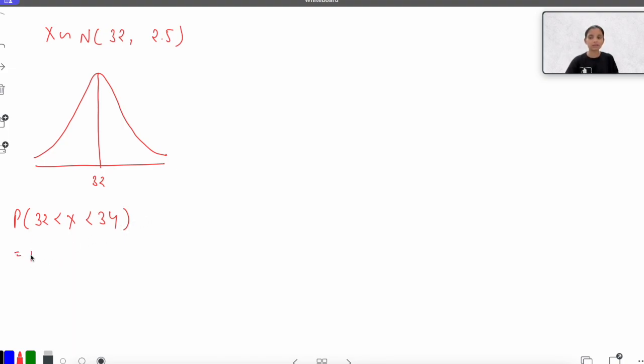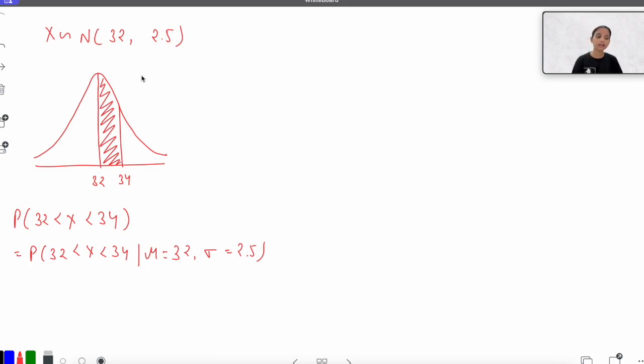This actually means: tell me the probability of x lying between 32 and 34, given that I know mu is equal to 32 and sigma is equal to 2.5. So in probability we are calculating this area. You can say that probabilities are the areas under a fixed distribution.